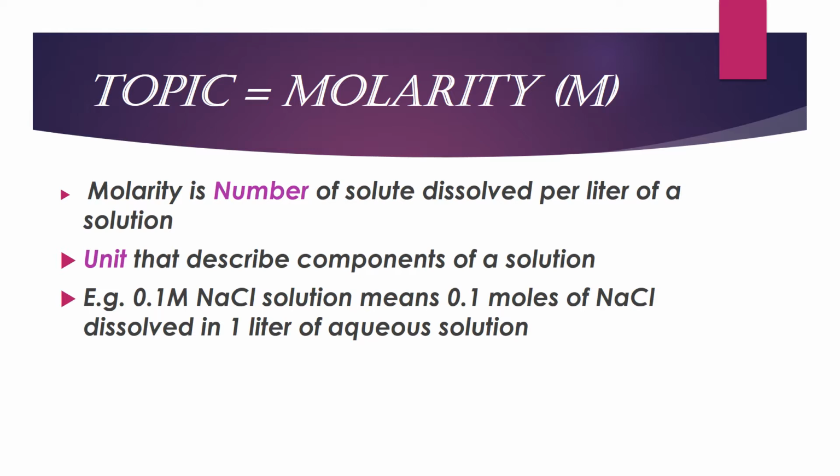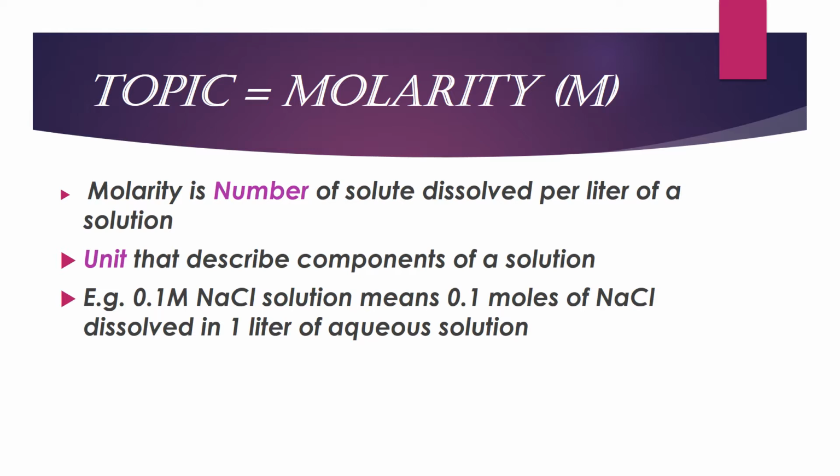For example, if we have sodium chloride 0.1 mole, if a person says there is sodium chloride 0.1 molar, it means we want to describe the number of moles of sodium chloride, the component of the solution.